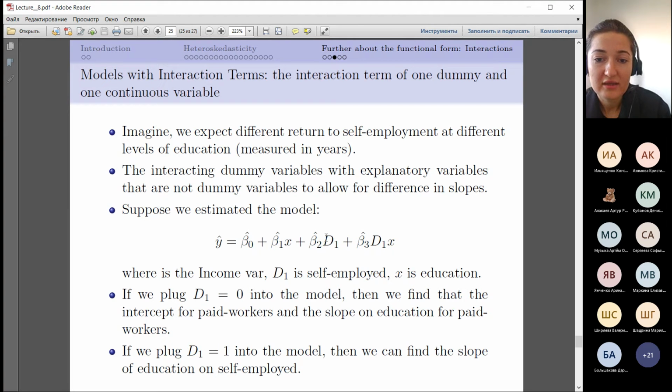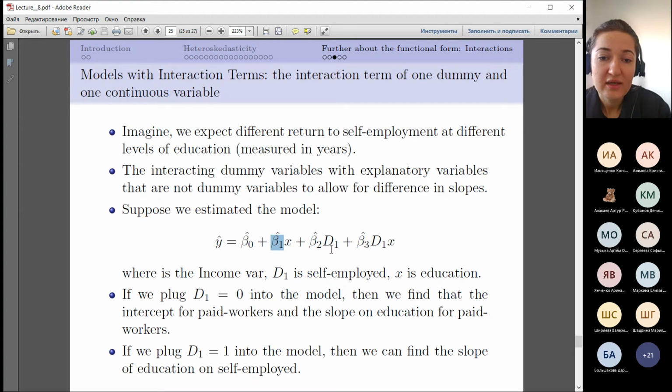Let's say that this equals 0, this term also equals 0, and you obtain only that the intercept for paid workers equals beta 0, of course, and the slope for paid workers equals beta 1.